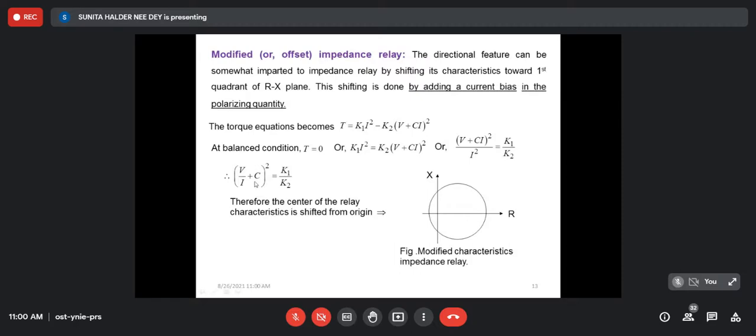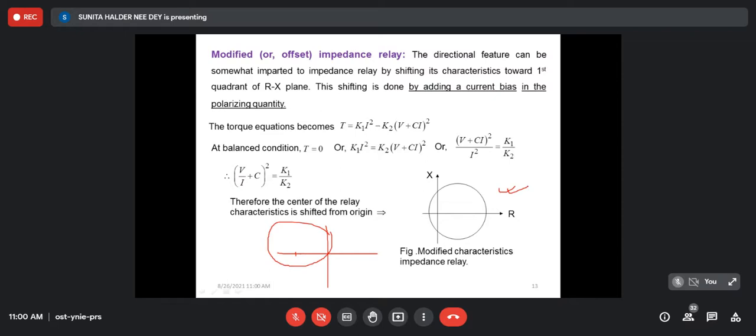Now for this one, on the x-axis there will be a minus C center. So it will be shifted towards like this. Here the drawing is opposite. The center will be shifted toward the negative side. Similarly, we can shift to the right hand side also.